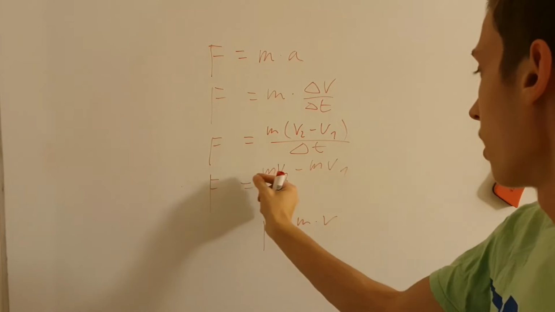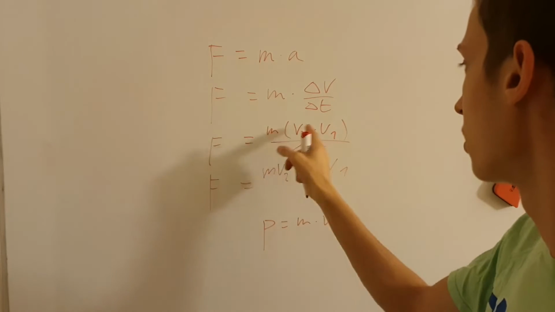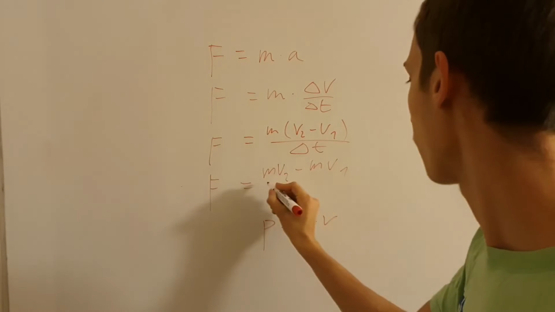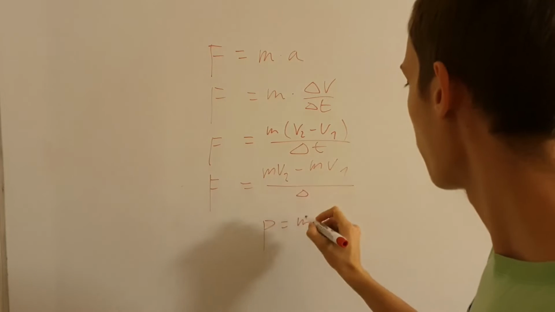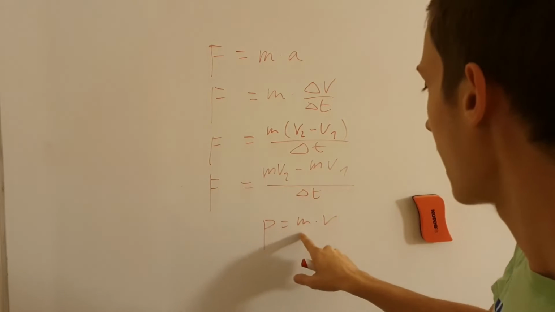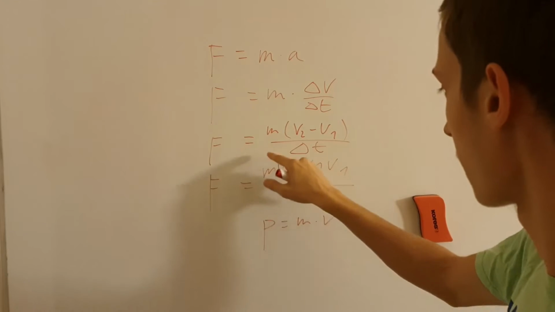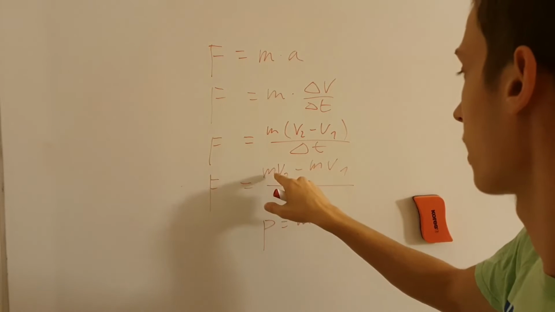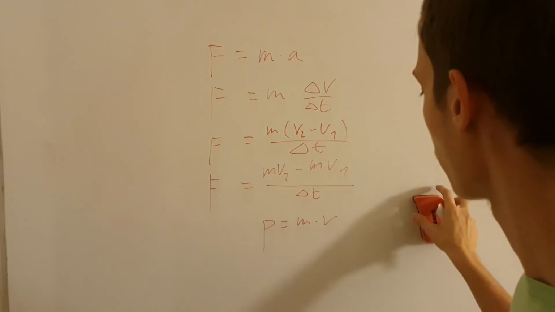So their difference makes up the numerator as follows, and then of course I just rewrite the denominator again as delta t. So this is the momentum for the end speed, and this is the momentum for the beginning speed.